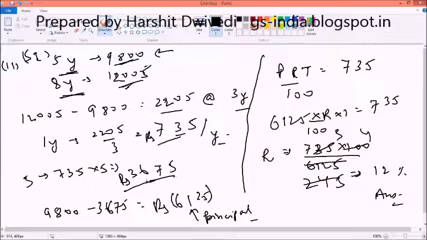I subtracted this from 9800 and got 6125 as the principal. On this amount I was earning 735 as interest, so by using the formula PRT upon 100 equals interest, I calculated the rate of interest is 12%.